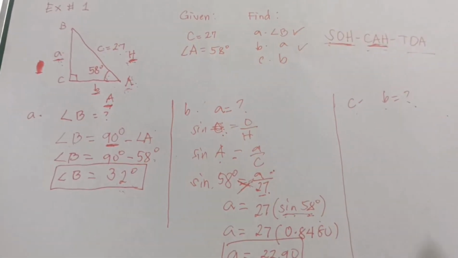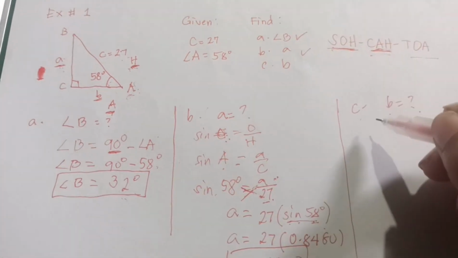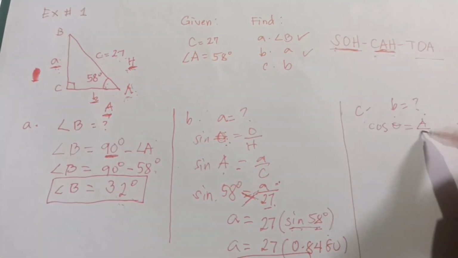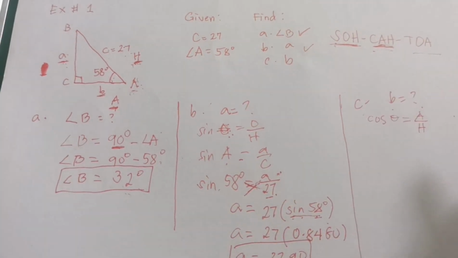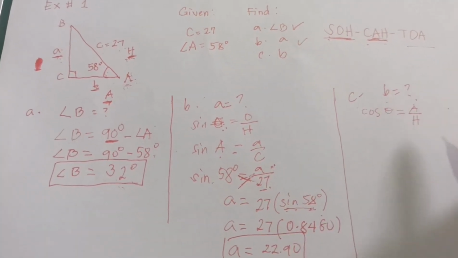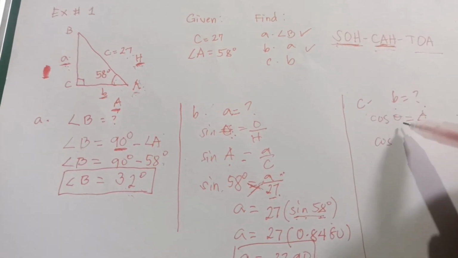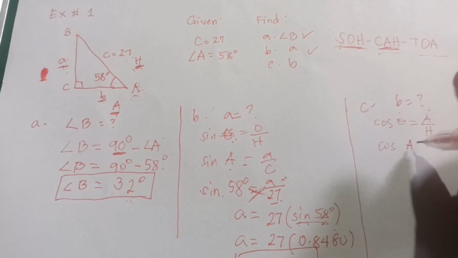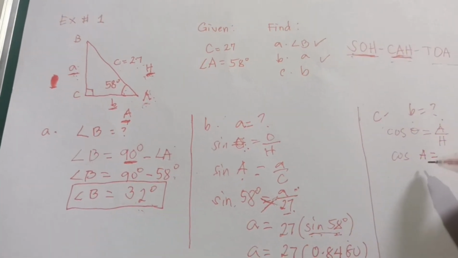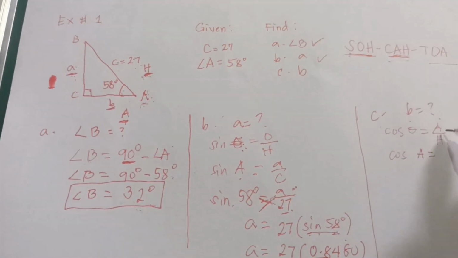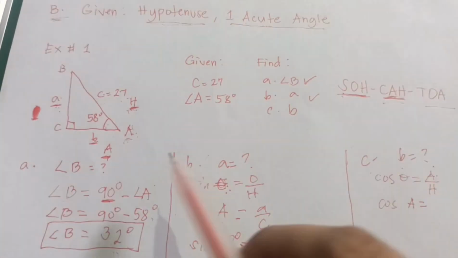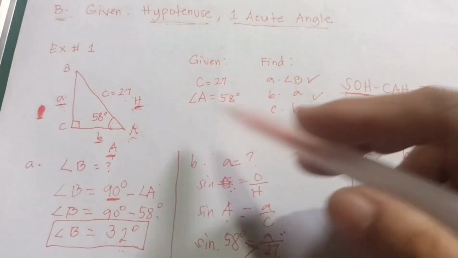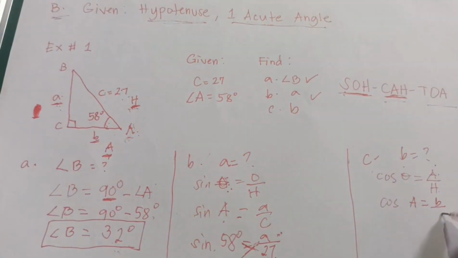So, to solve for side B, we're going to use CAH, or cosine theta equals adjacent over hypotenuse. We're going to substitute theta. Our theta would be angle A, because that is the original given. Our adjacent is side B. Our hypotenuse is always the side C.